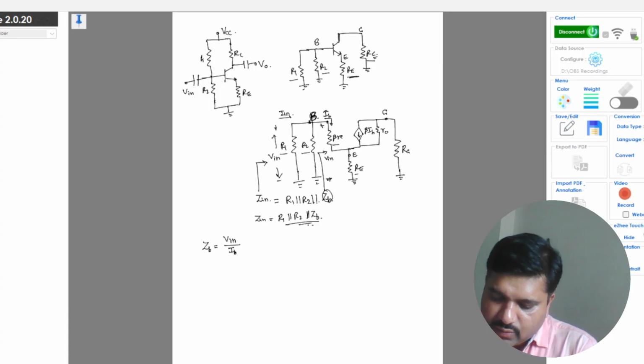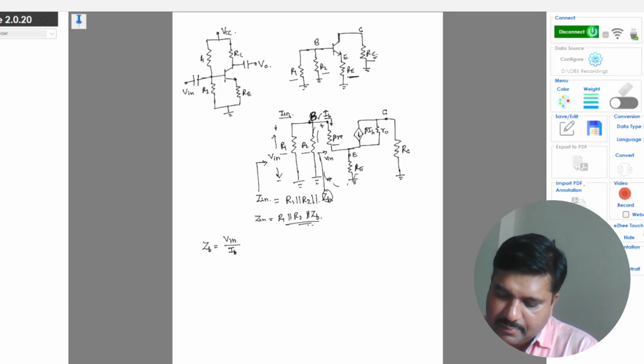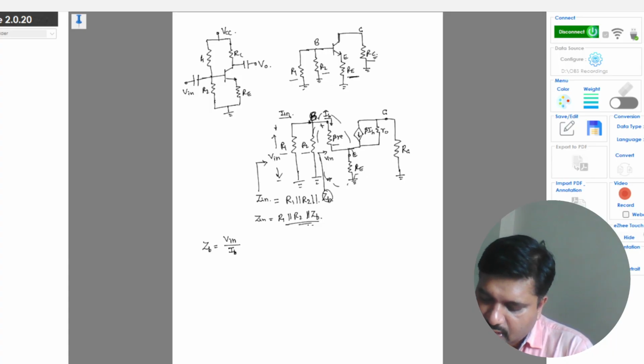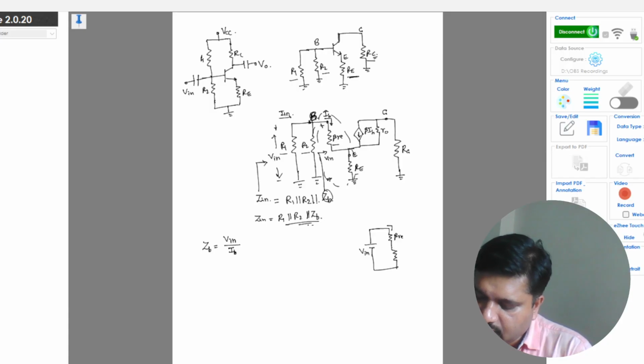Okay, now taking only this ZB part for the analysis, I'll redraw the circuit. So this is Vin, this is beta RE, and this is RE. The current flowing into the beta RE is IB, and the current flowing into the RE resistance is IE because it is from the emitter terminal.